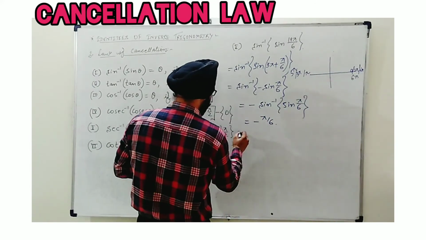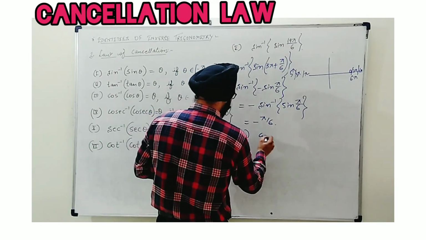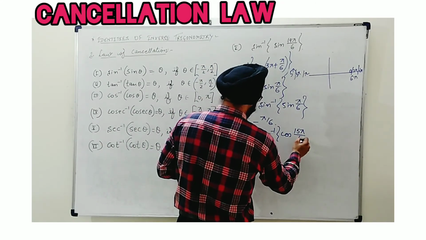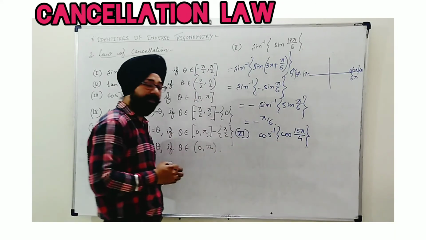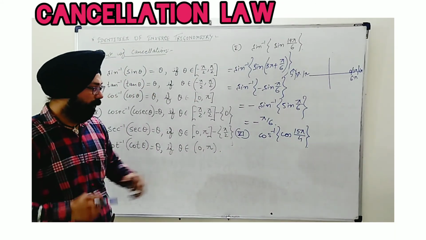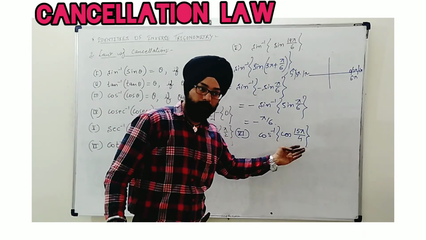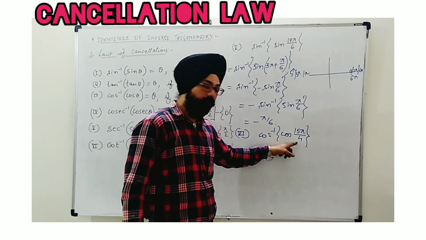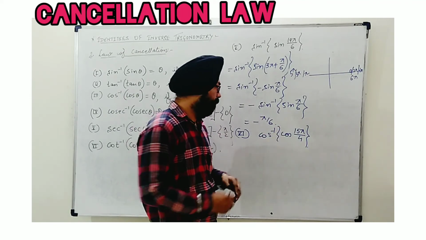Now one more example I will take. Suppose I take cos inverse cos 15 pi by 4. Once again, I suggest you divide 15 by 4 and write in terms of the multiple of pi. 4 3s are 12 plus 3, so 3 pi plus 3 pi by 4.